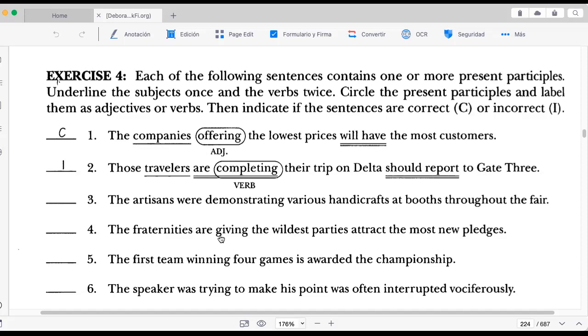What will be the rest? Present participles. Completing. Is it correct or incorrect?